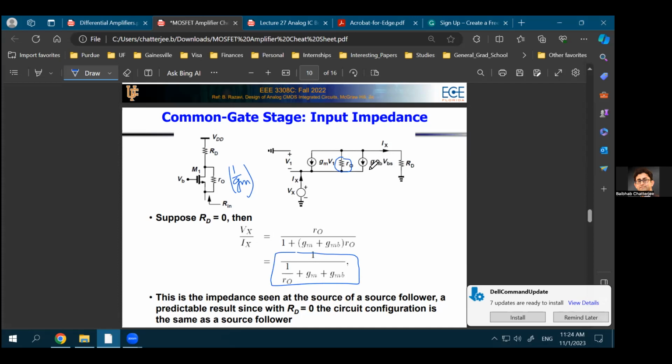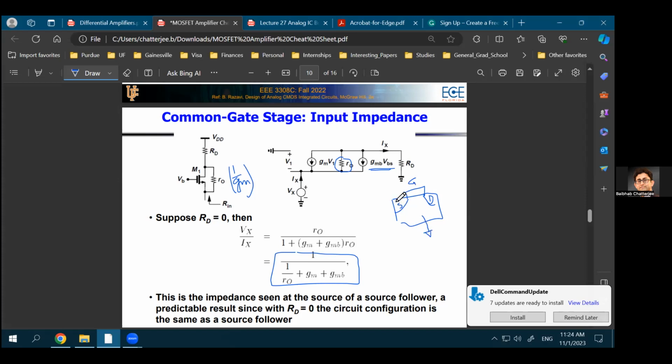And there is also another non-ideality, which is called the body bias non-ideality. So what is the body bias non-ideality? For an NMOS, till now we have always said that the body of the NMOS, let's say this is your source, this is your drain, this is your gate, we are always grounding.